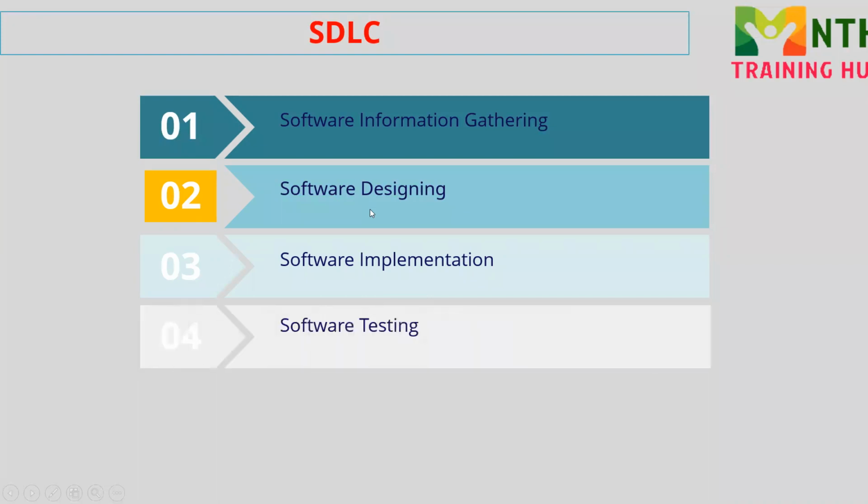Once the software is built as a prototype model, which is an executable file, the software testing engineer will be involved. He will cross-verify any bugs, defects or failures that happen during the software working.